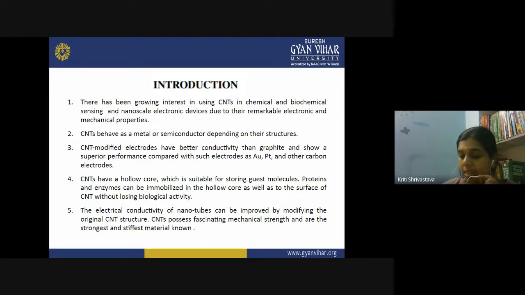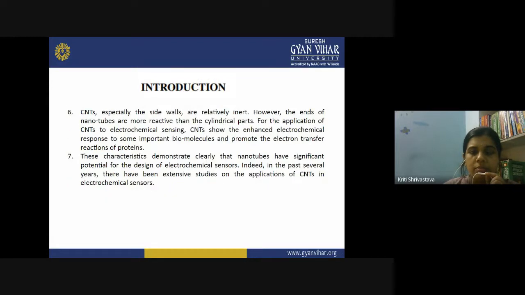Then the electrical conductivity of the nanotube can be improved by modifying the original CNT structure. Its mechanical strength is really fascinating. Very high mechanical strength is shown by carbon nanotubes. They are the strongest and stiffest material known because they have a tubular structure.